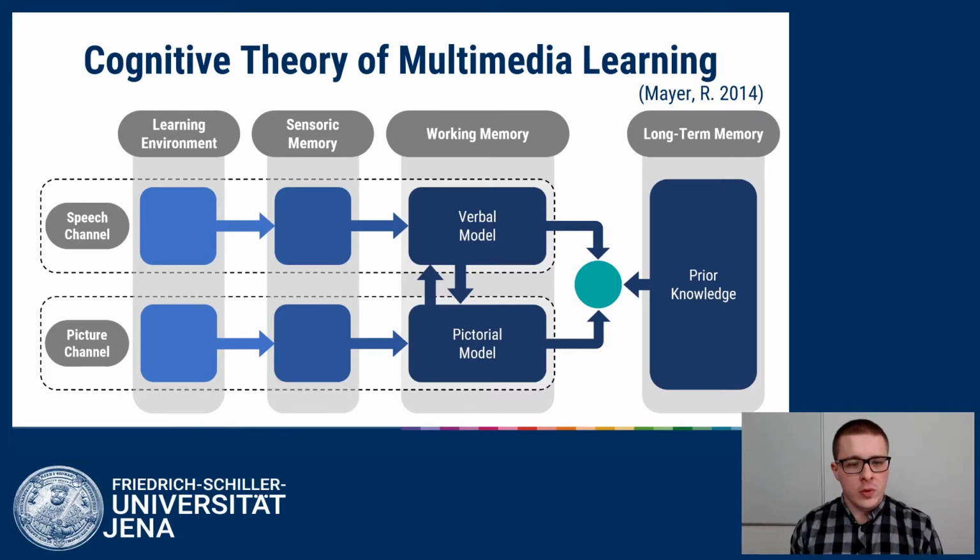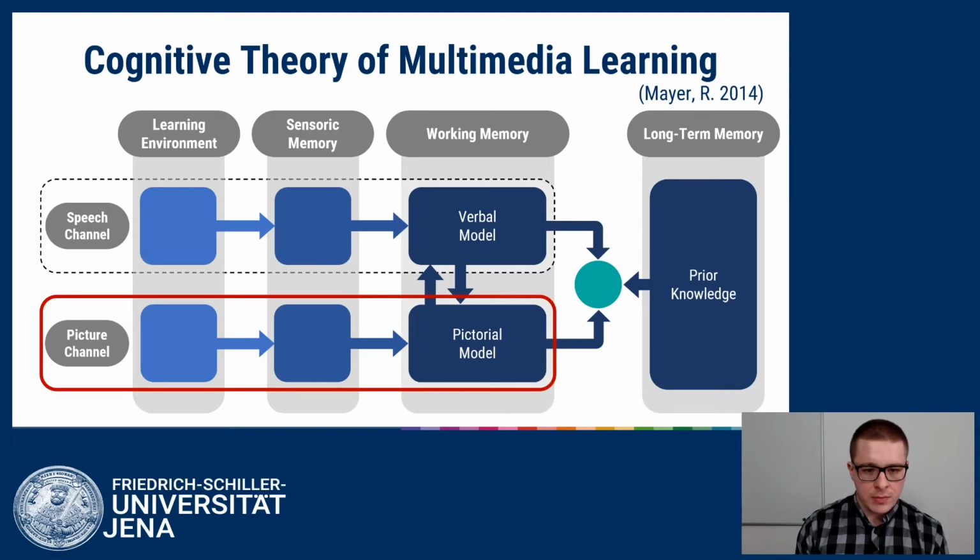So if we wanted to compare textbooks and videos, there are a lot of differences which can be derived from the cognitive theory of multimedia learning. First of all, we find that static monomedia, aka textbooks, due to their extensive use of symbolic language, kind of overuse the picture channel, and thereby they leave valuable resources of the speech channel unused.